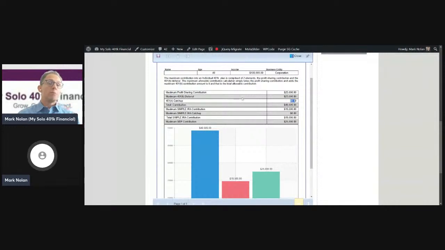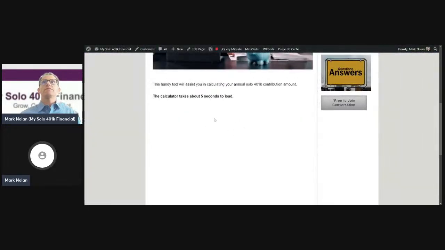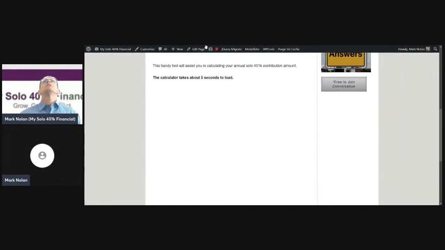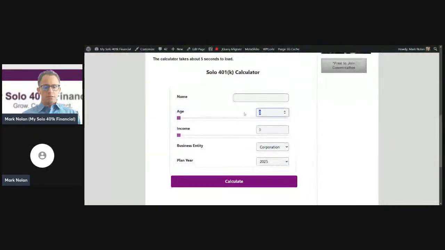So let's do an example now of someone who is age 50 or older. In this case, we'll put an age of 50 on our calculator. Here we go, age 50. We'll use the same income of $100,000. Tax year 2025.